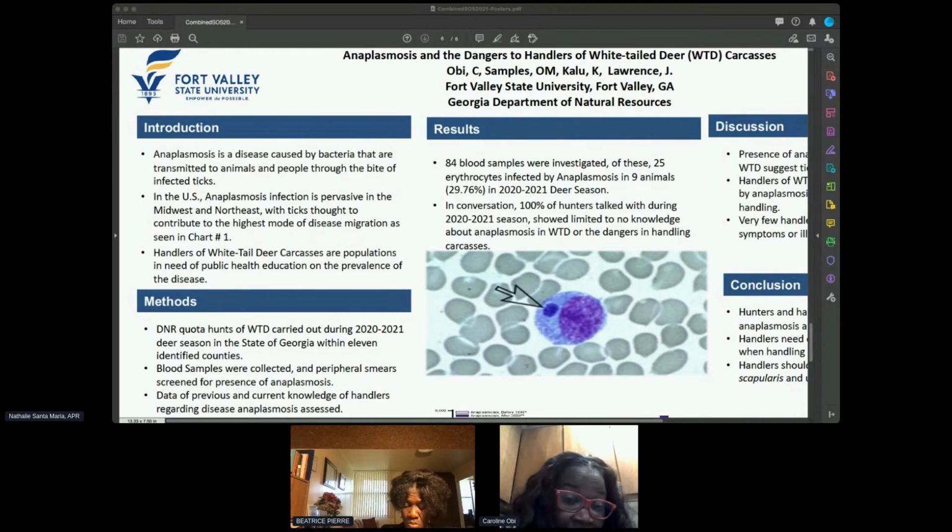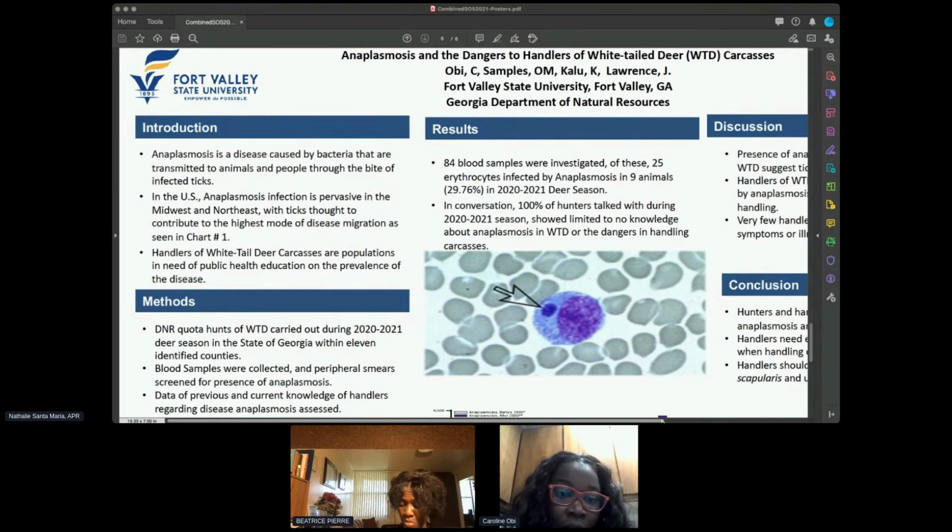Blood samples were collected and analyzed through peripheral smears, and the hunters were also surveyed about their knowledge of the disease and the ways in which they carry out their hunts.